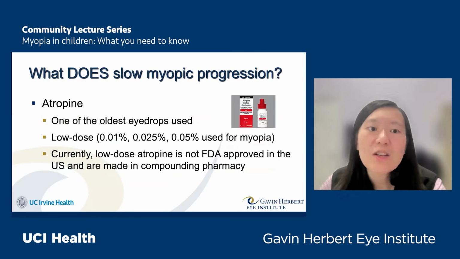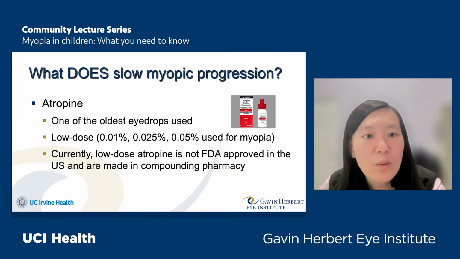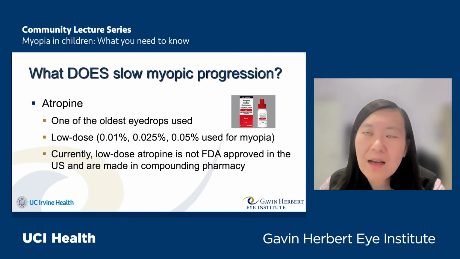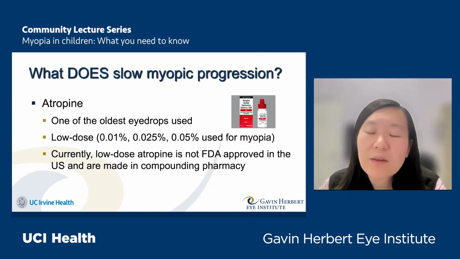So it's one of the oldest eye drops used. But what we've discovered in the past 15 to 20 years is that if we dilute the atropine to 1/100th of its original strength, it can actually be used to prevent and to treat myopic progression.